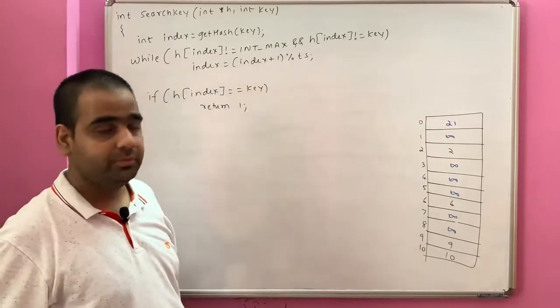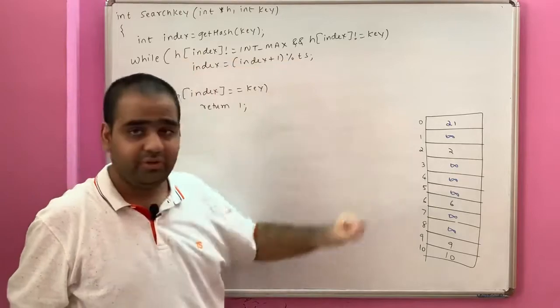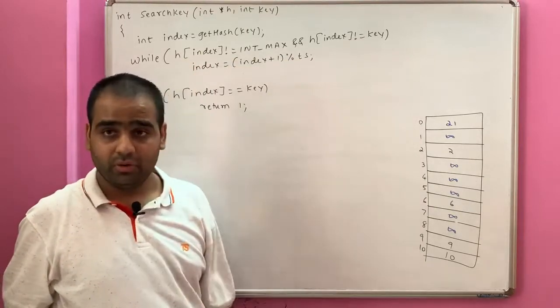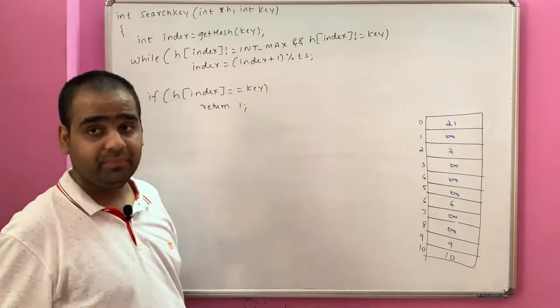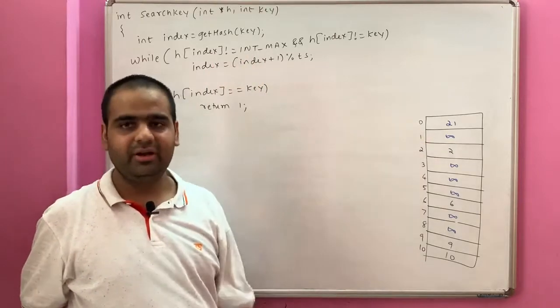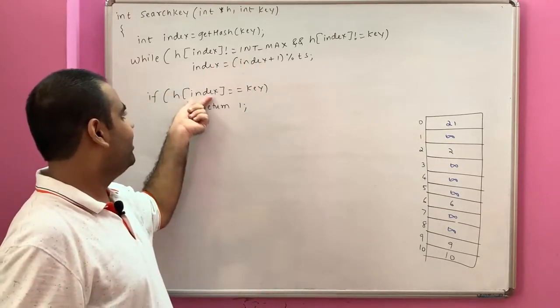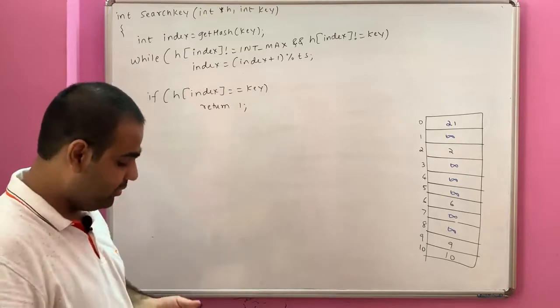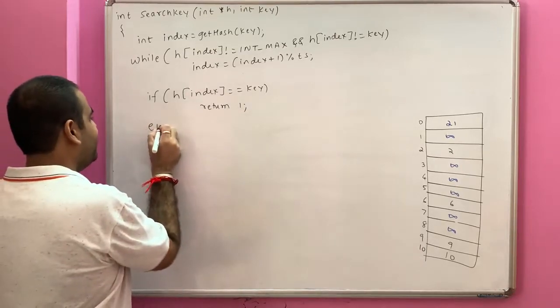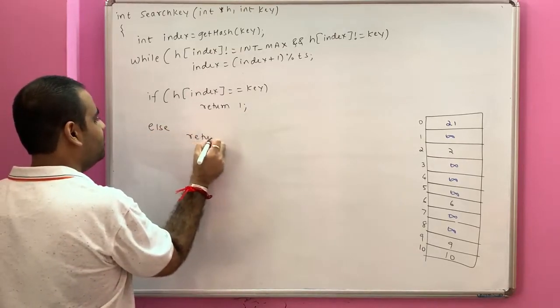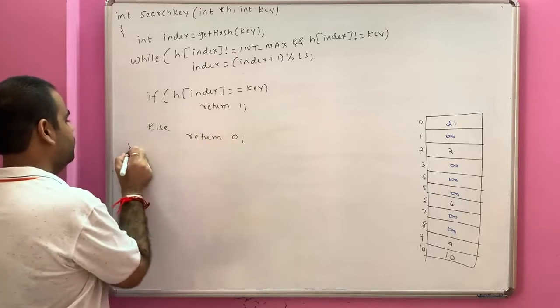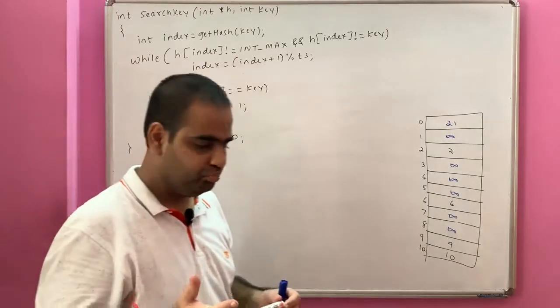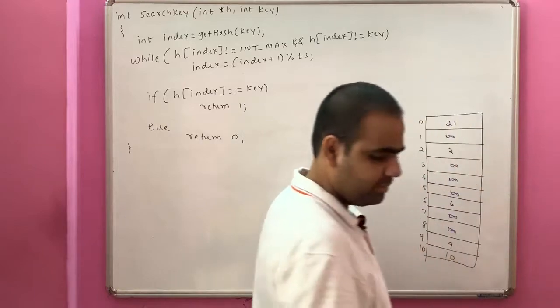Index becomes 0. H of 0 not equal to infinity, yes. 21 not equal to 32, yes. Index becomes 1. H of 1 not equal to infinity, it is false. Now, h of 1 is infinity, not equal to 32. No, that means you did not find it. And if you did not find it, you should return 0. This is how we find the key in the hash table.